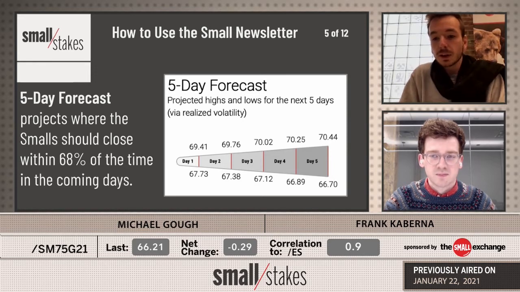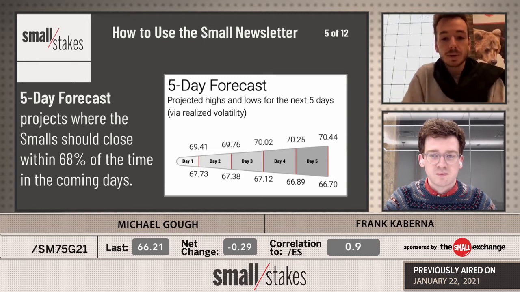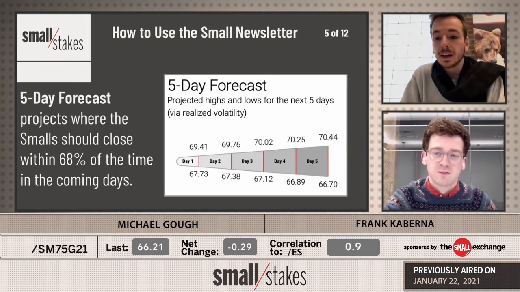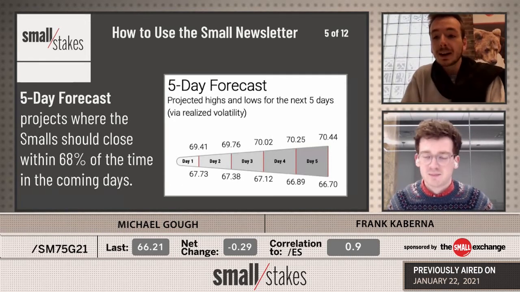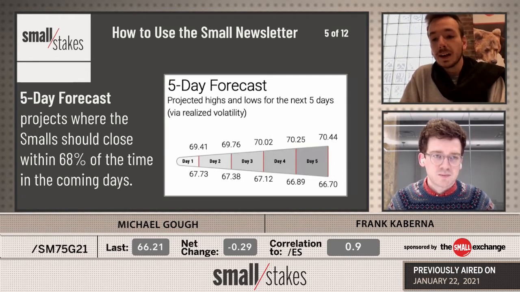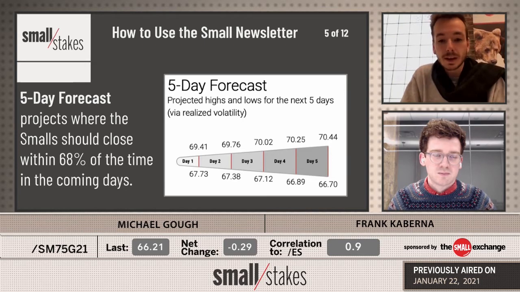So if you want to do the intraday, you can use the bell curve we showed on the first slide here. But if you're looking for a 3-day or a 5-day scalp, now you can use something like this, where we're actually considering recent volatility and how much further the underlying can go. So great when you're expanding your time frame beyond a 1 minute or a 30-minute or a few hour trade.